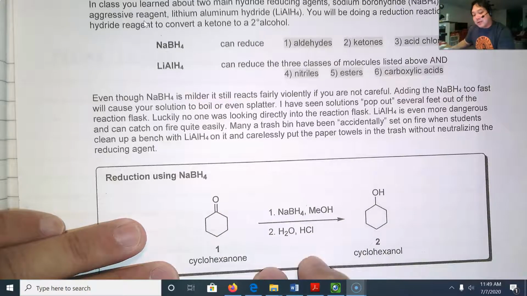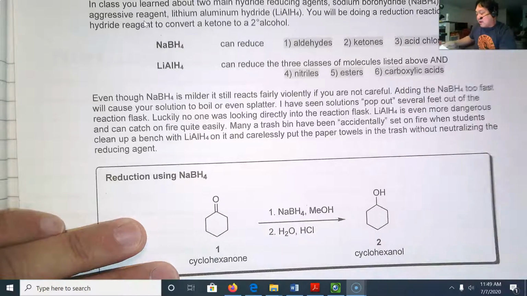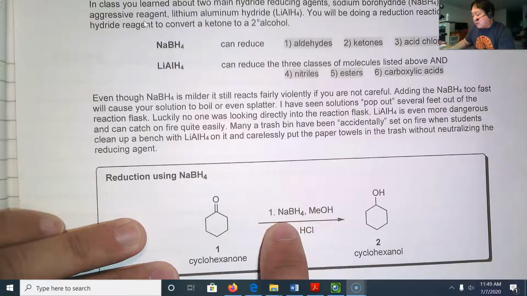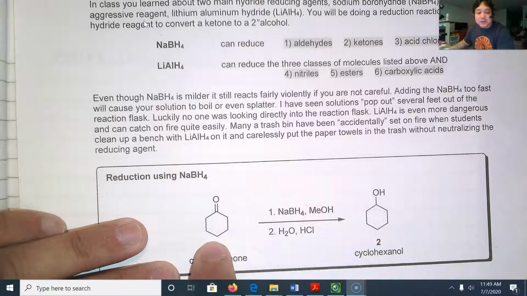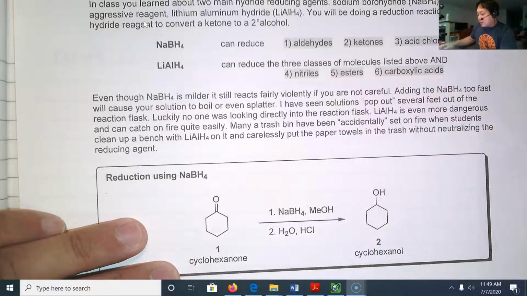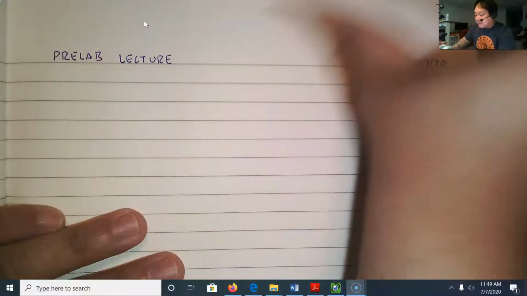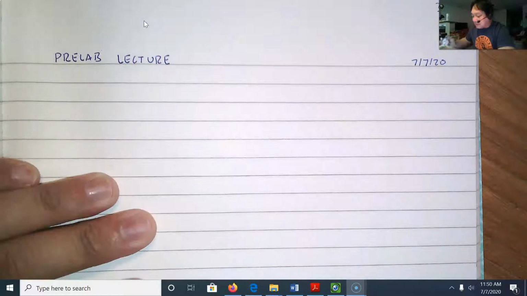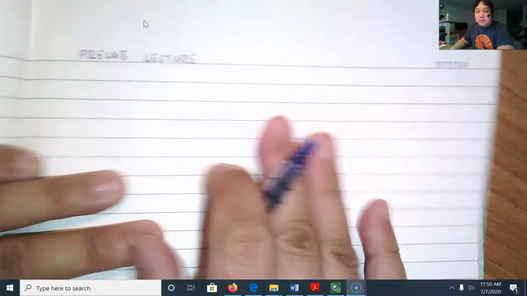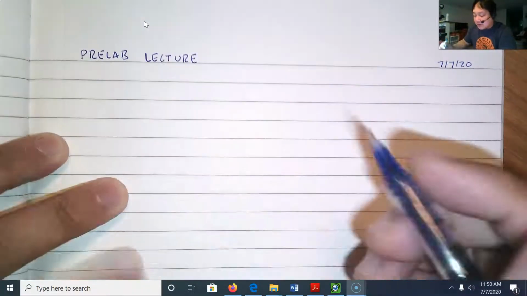This is a little bit unusual because one molecule of sodium borohydride will reduce 4 molecules of cyclohexanone. Let me show you the mechanism, and then we could discuss what to do with this kind of odd stoichiometry, this odd ratio.